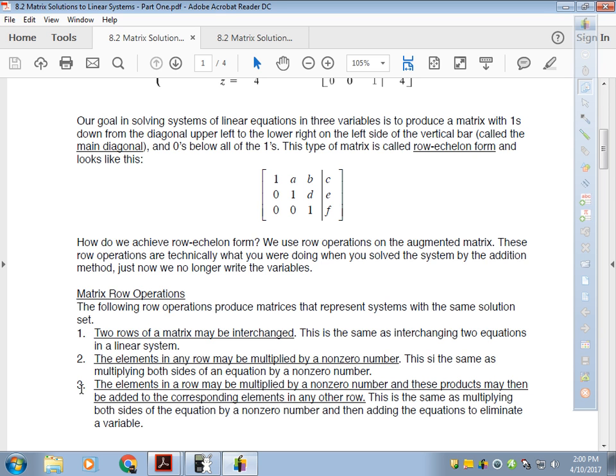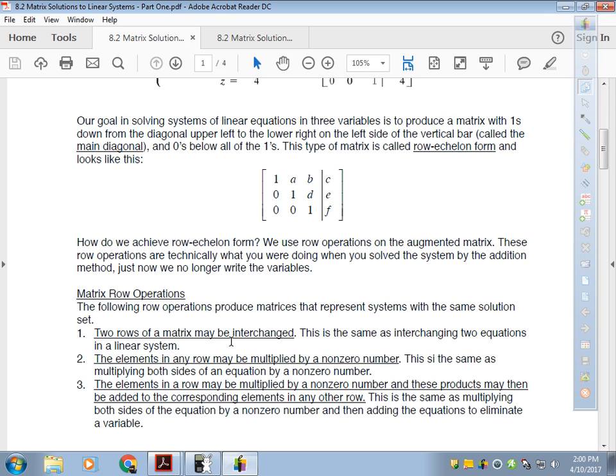The third thing we can do is multiply one row by a number and then add it into a second row. So I can say, I want to take this top row and multiply it by 3 and then add it into this second row. And that's allowed, that's fine.